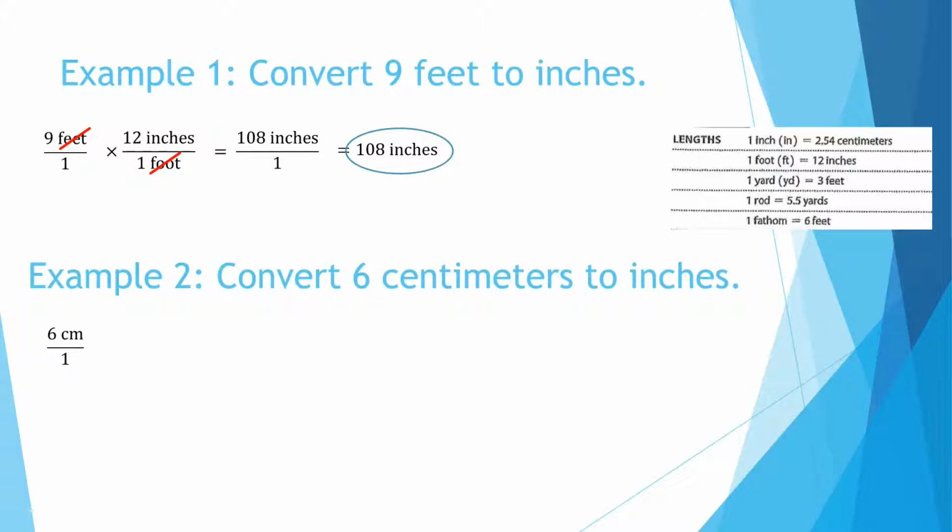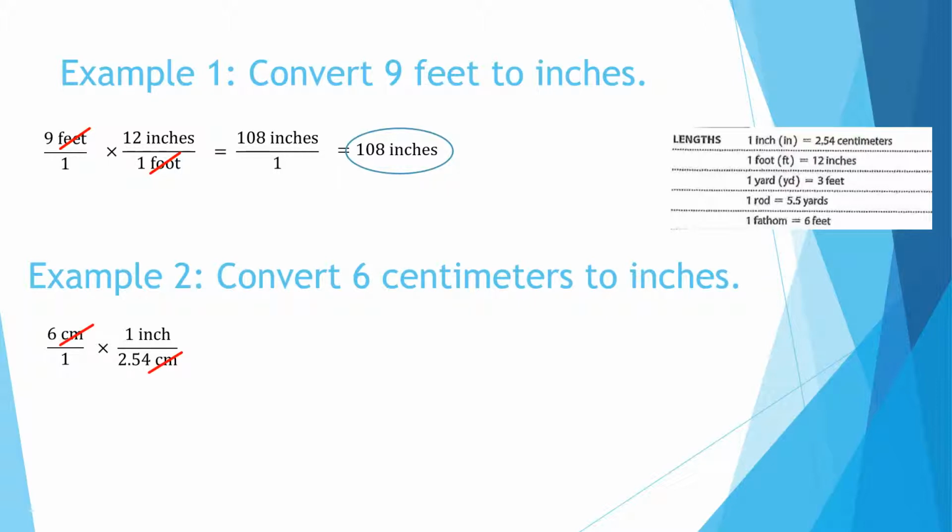Or actually, 1 inch is exactly 2.54 centimeters, excuse me. So let's multiply by the conversion factor. We're trying to cancel out centimeters, so centimeters needs to go in the bottom. So we have multiplied by 1 inch over 2.54 centimeters.